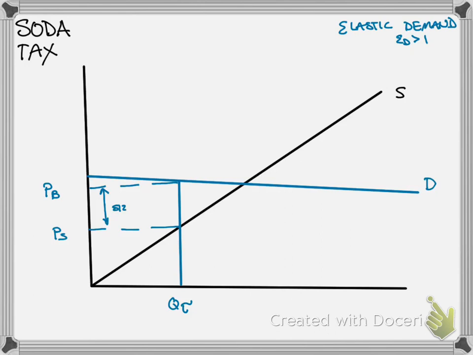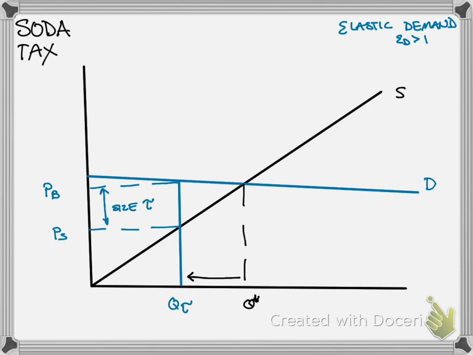And this would be the size of the tax, that vertical distance there. And so as a result, what we just did was, with that size of tax, we were able to reduce quantity by that much. So that is an elastic demand.